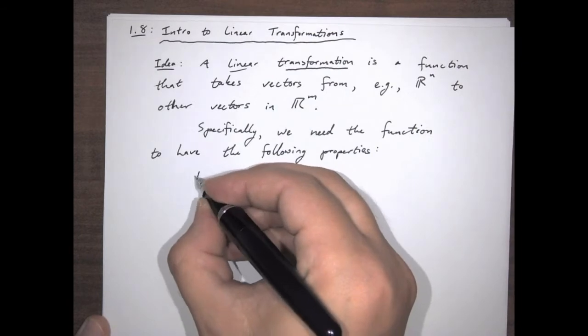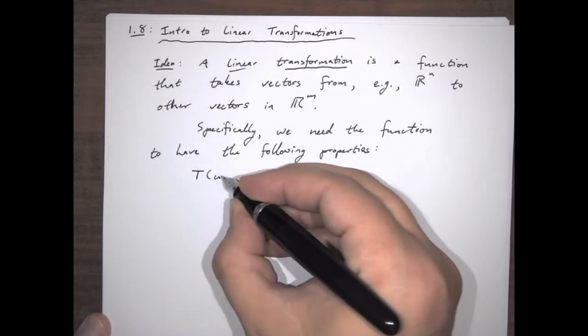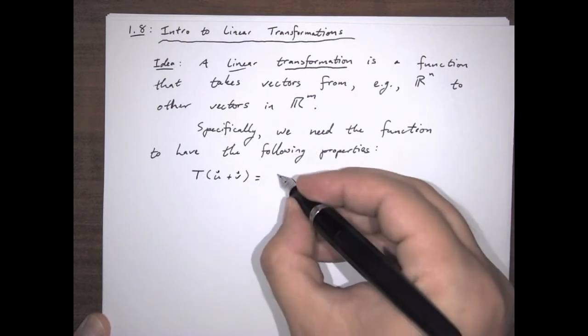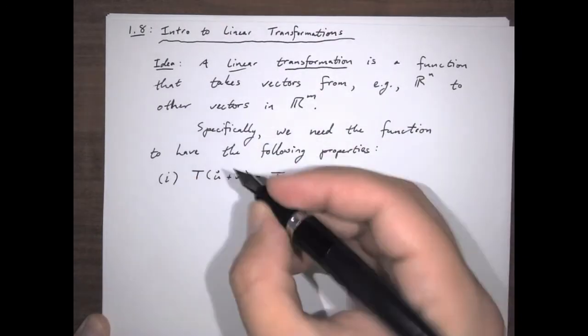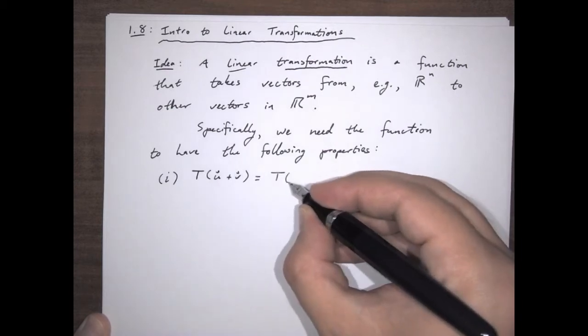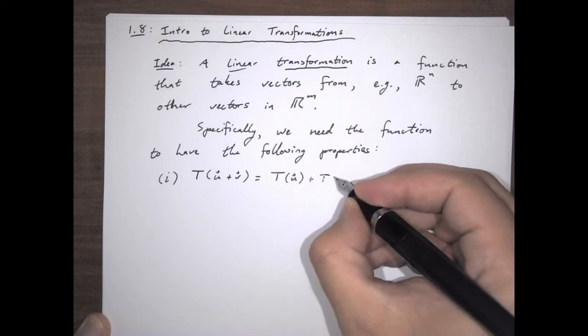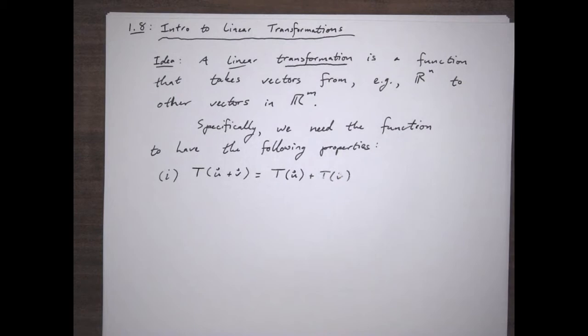So let's say we'll call it T, T for transformation. So T of U plus V has to equal T of U plus T of V. You can almost think of this as it has to be able to distribute over addition. The way we say this in this context is that it respects vector addition.